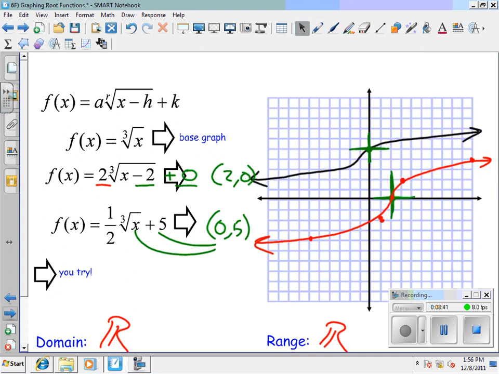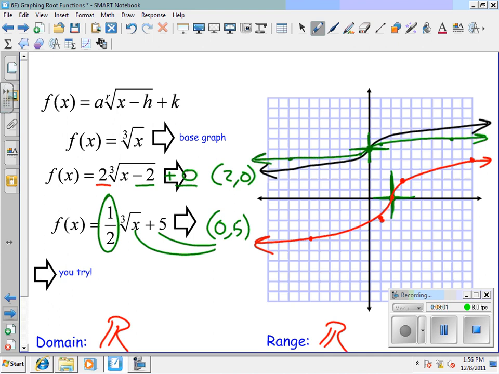Again, I just do that so we have a reference of what we're looking for. And being that it's half as tall, what we're going to have is going over 1 and up a half. Going over 8 and up only 1, half of 2. And notice how shallow it is. It's only half as tall as it was before. So it's a little more shallow of a curve. So even with the fractions, it gets a little shallower.